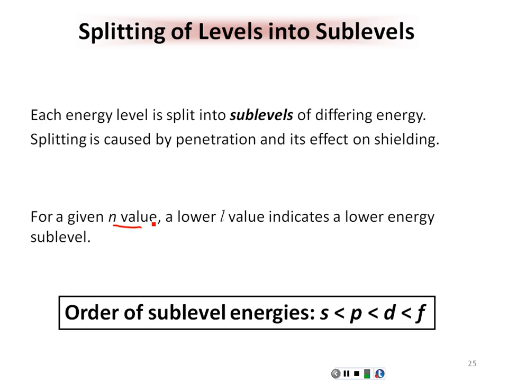So the order of the sublevel energies is S, P, D, and F. Remember what those L values are: the L value of an S orbital is 0, an L value of 1 is a P, an L value of 2 is a D orbital, and an L value of 3 is an F orbital, just to remind you about the angular momentum quantum numbers.